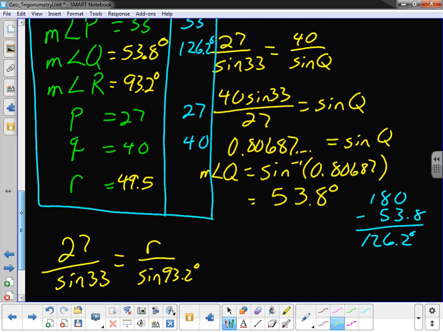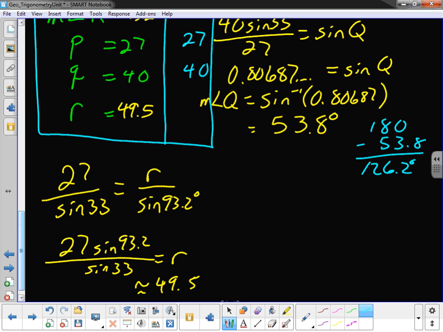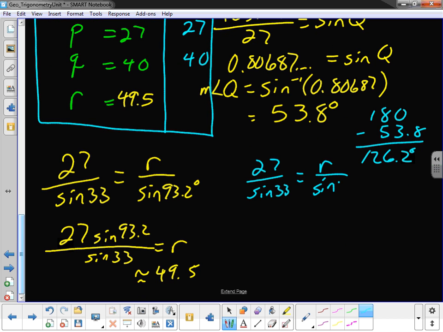Now I also have to do this problem for the blue. I've got 180, and I subtract 126.2, and I subtract 33, and it gives me my other angle at 20.8. Now I'll set up my law of sines with 27 over the sine of 33 equaling R over the sine of 20.8.